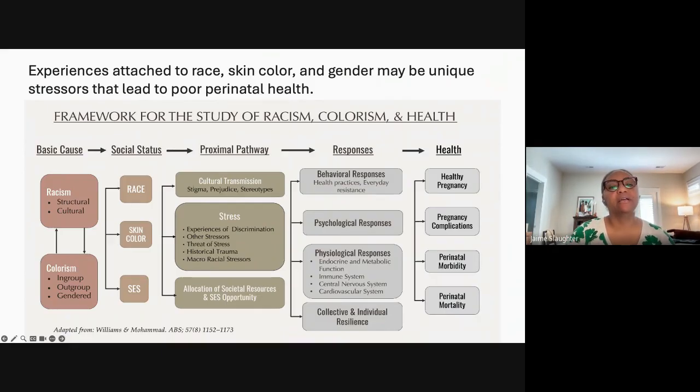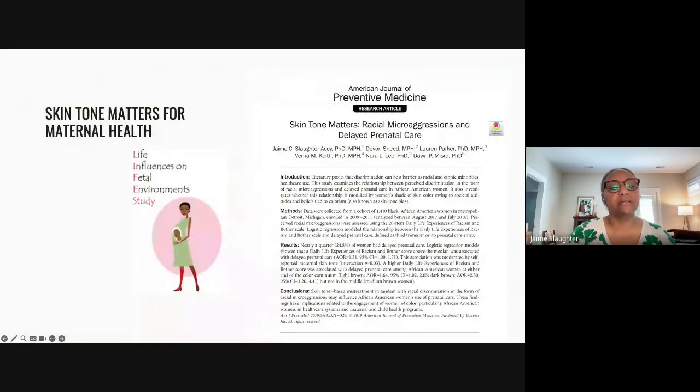And so what I did was obtain data from a large cohort study that had measured mothers' skin tone, a measure of self-perceived skin tone.